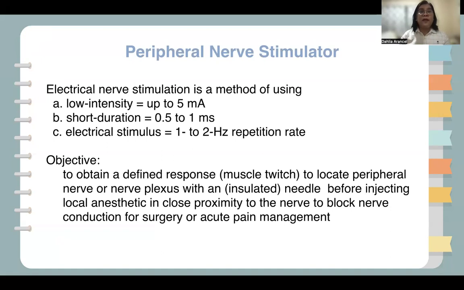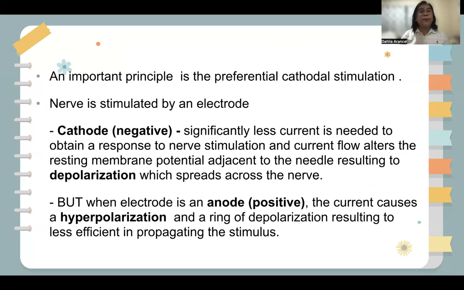The objective is to obtain a defined response, and that is muscle twitch, to locate a peripheral nerve or nerve plexus with an insulated needle before injecting the local anesthetic in close proximity to the nerve to block nerve conduction for surgery or acute pain management.